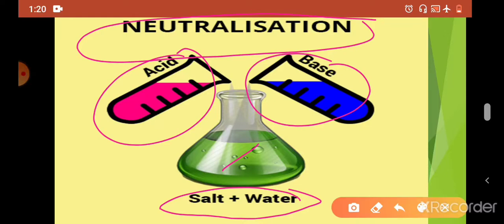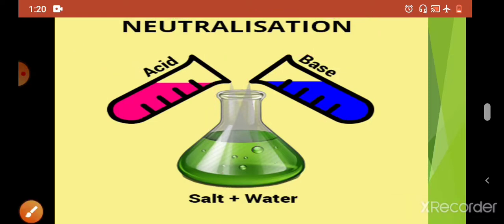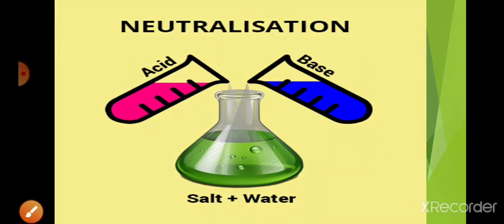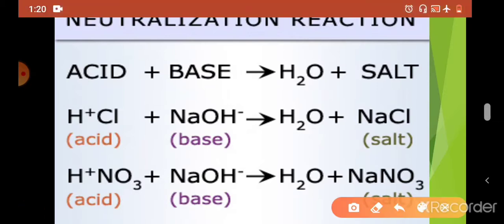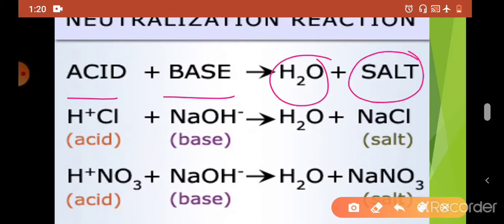So this is another property, I think it is the fourth or fifth property, that acid plus base gives you salt plus water. It can be any acid or any base. Neutralization reaction, please copy this. This is the next property we are talking about. Acid plus base react to form water and salt, right?